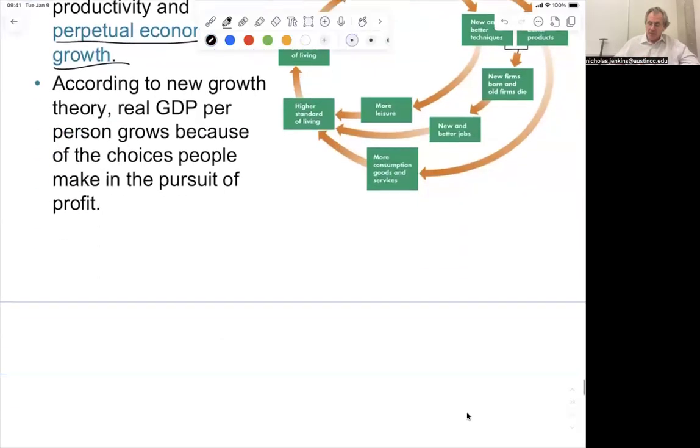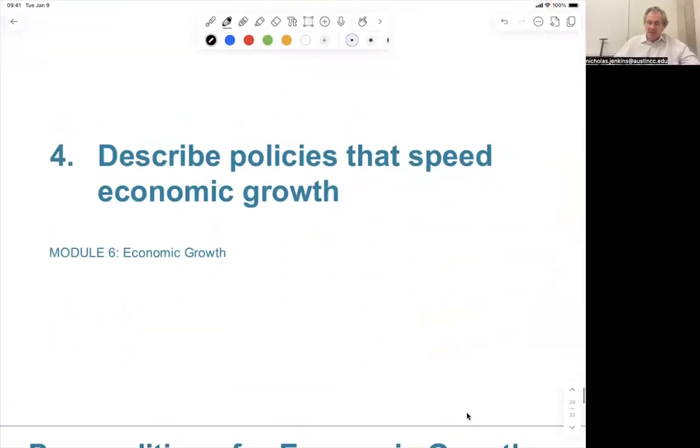Okay? Last section here is if we agree that sustained growth is important to our economy as a whole to keep it strong and healthy, then we as a society need to look at things that we need to do to maintain that growth. Because in other words, it's not just about the entrepreneurs having an idea.